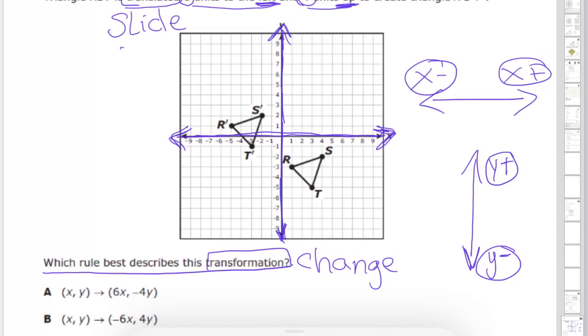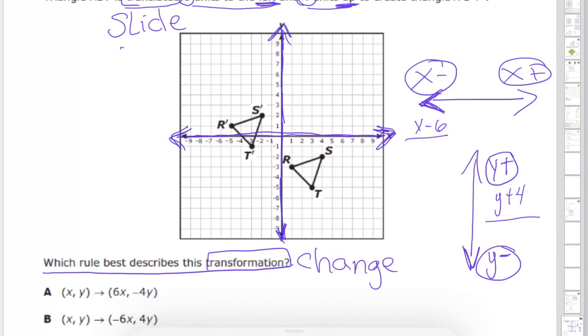When I look at this first one, it says 6 units to the left. That says to the left is this way, so that should be x minus 6. And it says 4 units up. If I'm going up, that is going to be y plus 4. So now I know my answer choice needs to have x minus 6, y plus 4. Just by using these arrows that I drew, I am able to figure that out.